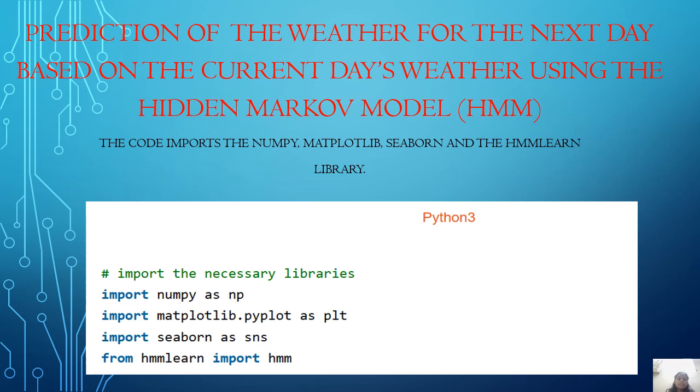In order to plot the graph, we take matplotlib, and that will be called plt throughout the program. Then the third line, that is import seaborn as sns. Then the fourth line, from hmmlearn you're going to import hmm. Then we'll move to the next slide.